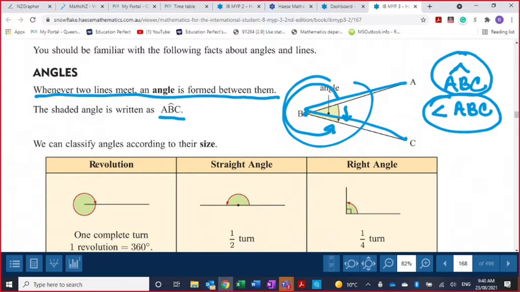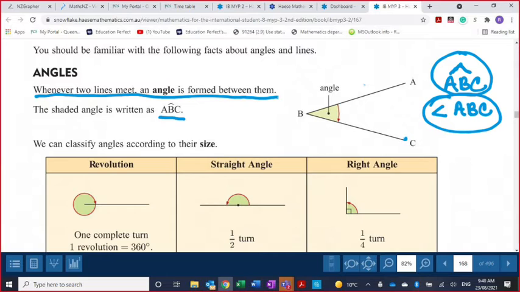This one says ABC is an angle. This one says angle ABC. Same difference. But what you do need to notice is what's in the middle. If you look at both of these notations, B is in the middle. That's because B is in the middle of the angle. That is something called the vertex of the angle. It's a really important part of it, and it always has to be in the middle when you're naming an angle. Make sure that it's always in the middle.